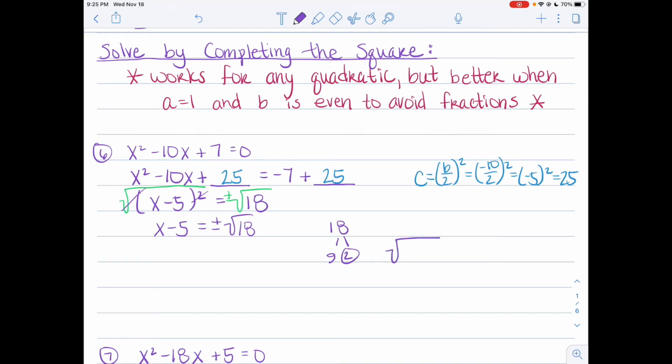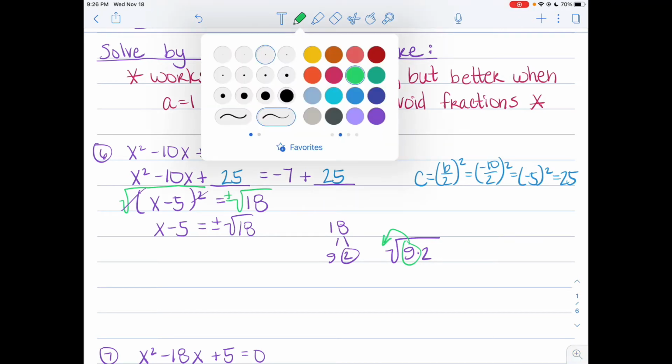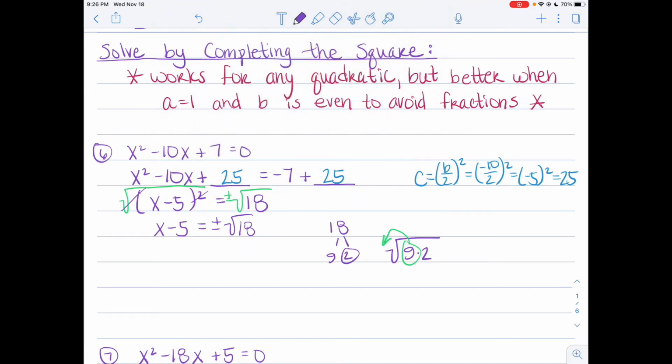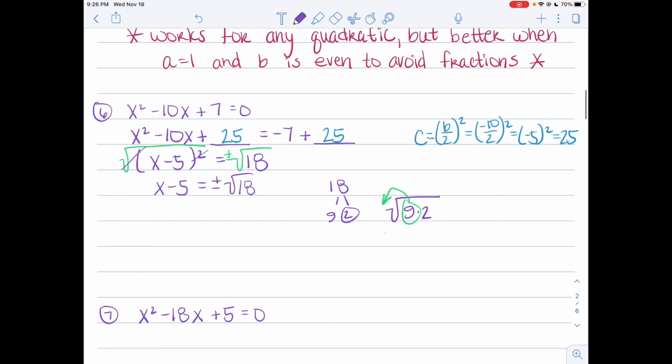So if it's a perfect square, I can take the square root of it and bring it out of the square root symbol. So the perfect square, 9, can be rewritten as a 3 on the outside, and then we still have the square root of 2. So I'm going to replace plus or minus square root of 18 with that.